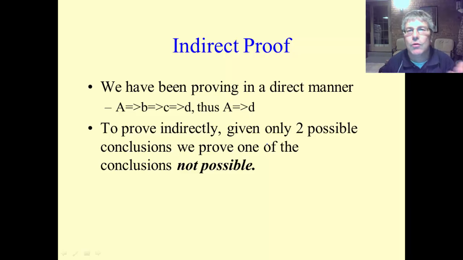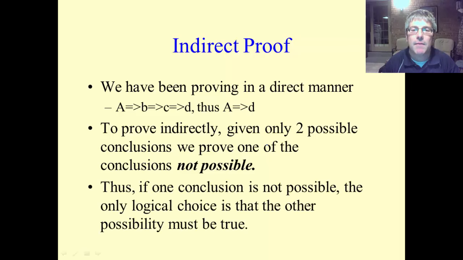Something's an altitude or it's not an altitude. So that type of thing would be our two possible conclusions. If we prove one of the conclusions not possible, then the only other logical option is that the other possibility has to be true. There's no third choice here.